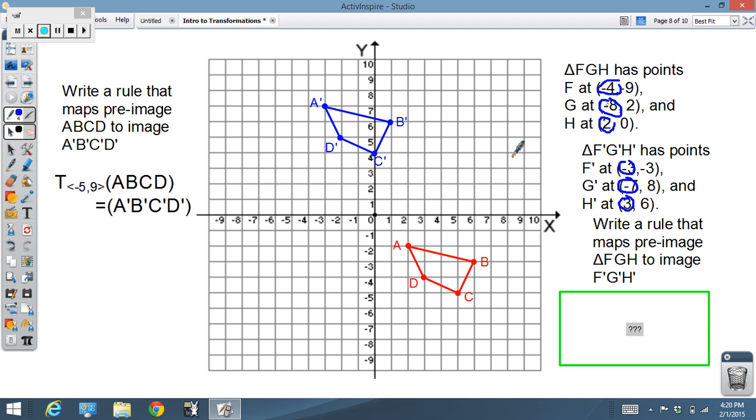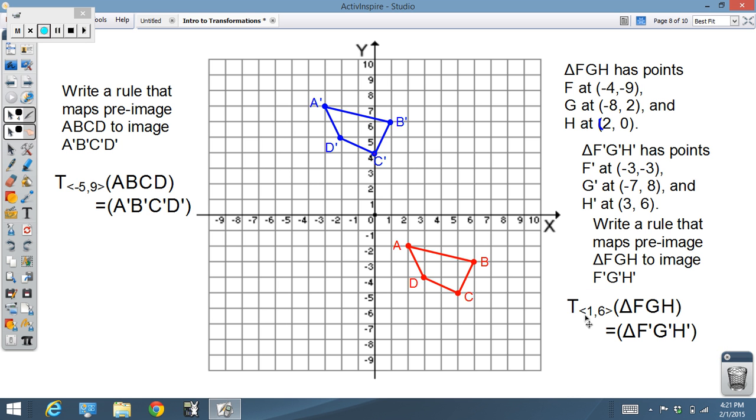And the y side, I see I go from negative 9 to negative 3, add 6. 2 to 8, add 6. 0 to 6, add 6. Therefore, my rule must have been translation right 1, up 6 to go from FGH to F prime, G prime, H prime.